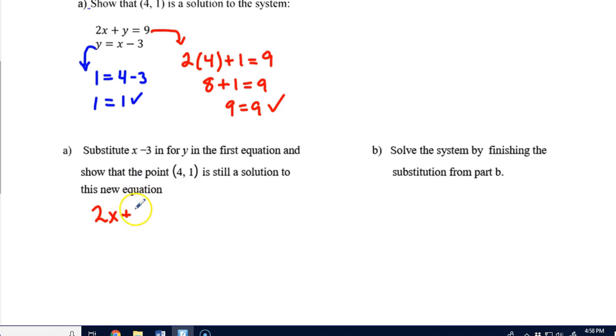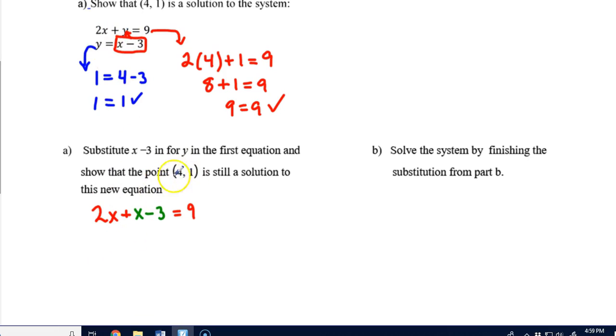I'll use green. And then I've got my equals 9. So that top equation got substituted. In place of the y, it got something that's equal to it, which is this x minus 3. Sometimes I like to draw a little box around it and draw an arrow to where it's going. It's going in place of that y because it's equal.